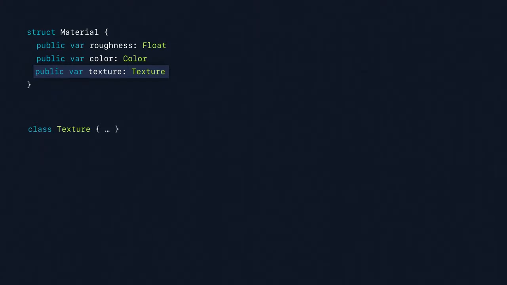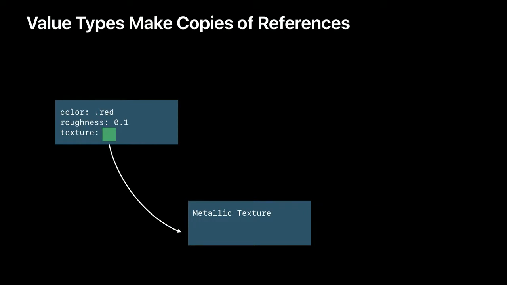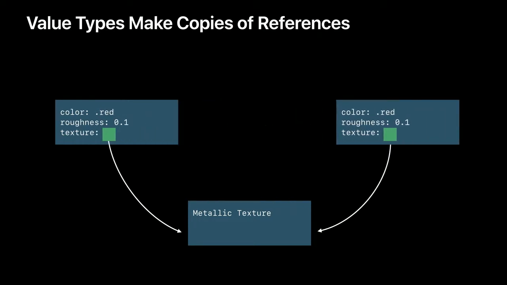Now, we said a moment ago that when you make a copy of a value type, you copy all of its stored properties. But that when you copy a reference type, you're just copying that reference. And so when you make a copy of this material type, what will end up happening is that they make a copy of the reference, and so the two types end up sharing the same texture object.